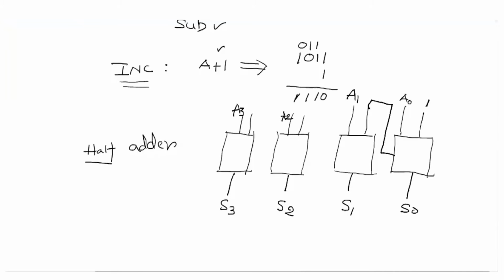Here this carry is connected as the second input to the next subsequent half adder. This carry is connected to the next half adder as a second input. This is the incrementing unit. You can clearly see how this incrementing unit works.